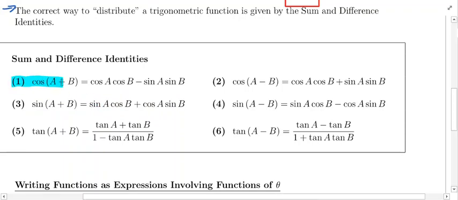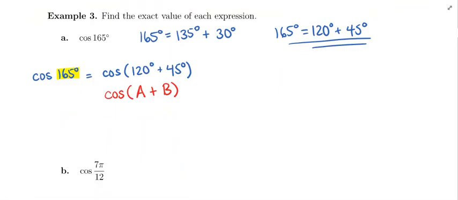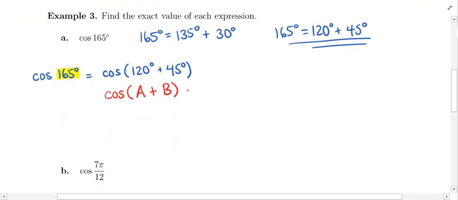That's going to be this one. So I'm going to go ahead and write this down. We know from this particular formula that the cosine of A plus B is equal to the cosine of A times the cosine of B minus the sine of A times the sine of B. We're going to apply this formula.